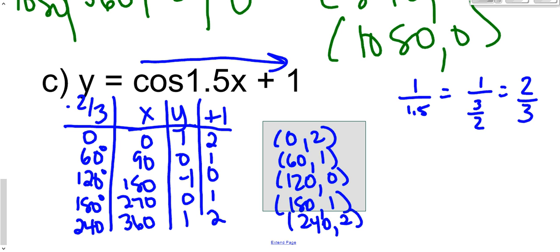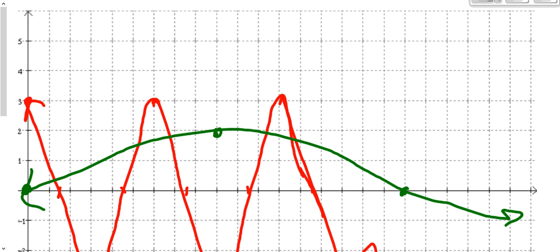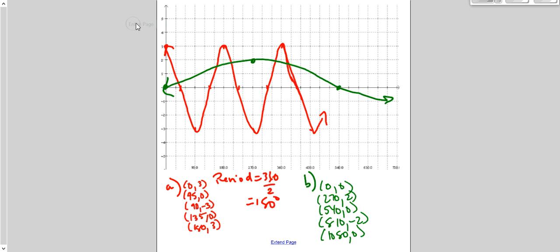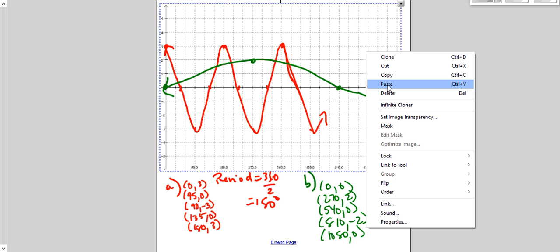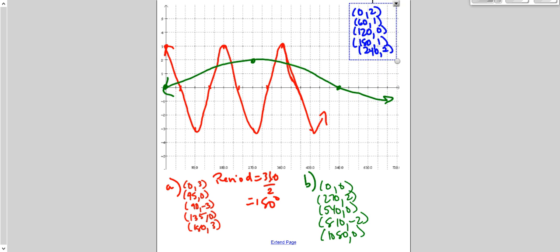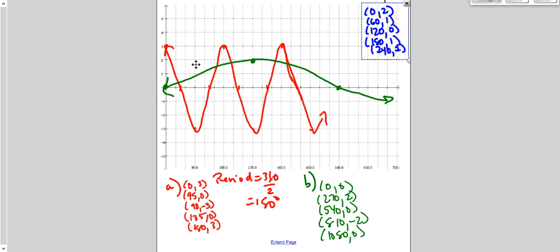Perfect. And again, I'm just going to copy those points so I can put them over here. All right. And there they are. Let's see if we can just sneak them there in the corner and leave them there.